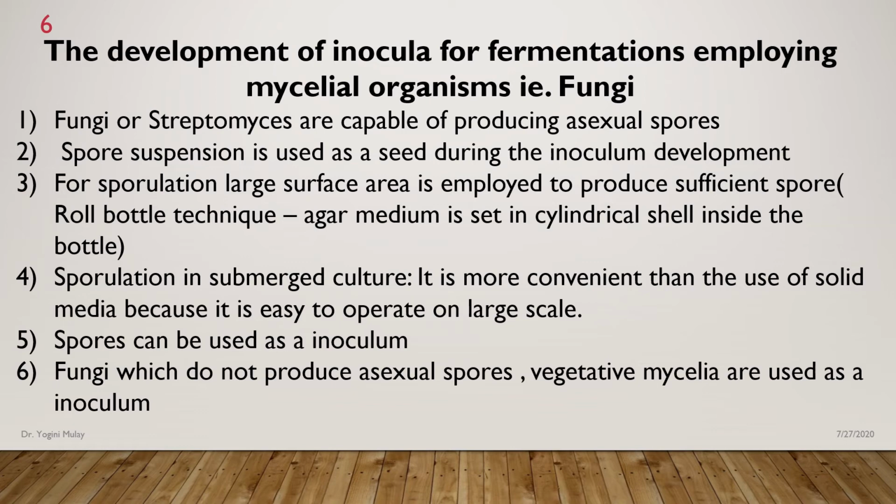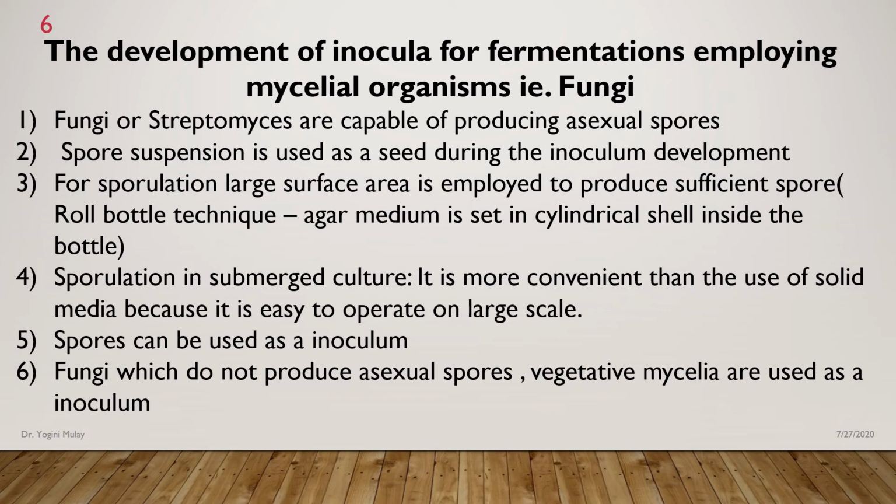Some fermentations use fungi or actinomycetes as the production strain, and these fungi or streptomyces are capable of producing asexual spores, and so these spores are used for the inoculum development. Now, see, there are two ways for the inoculum development using the spores, or what we can say when the spores are used as an inoculum.